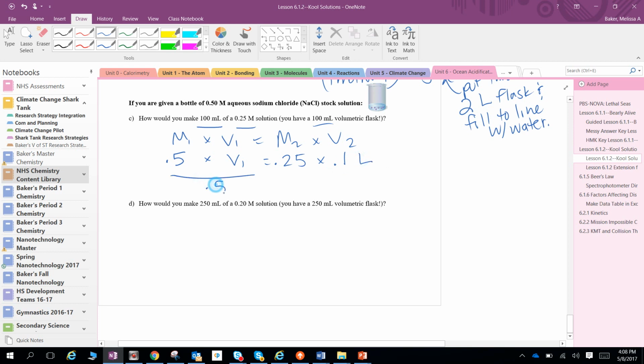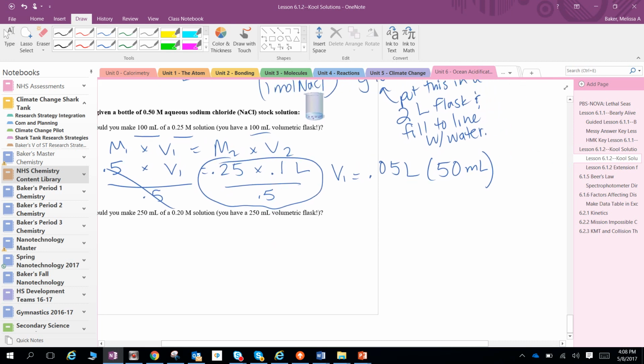I'm going to divide both sides by 0.5. V1 comes out to be 0.05 liters, which if I multiply by 1,000 is the same as 50 milliliters. Again, I got that by doing 0.25 times 0.1 divided by 0.5.